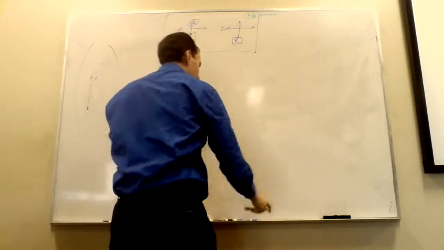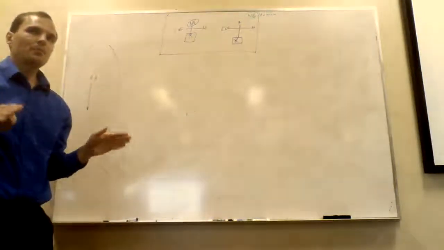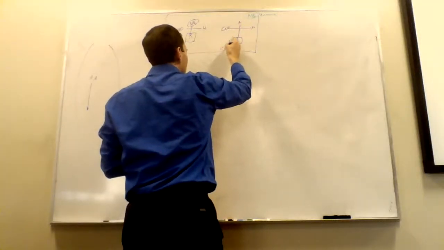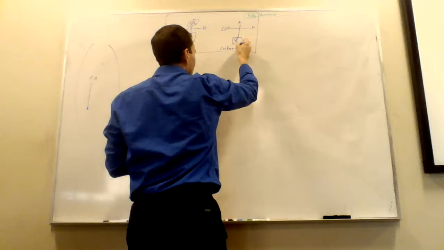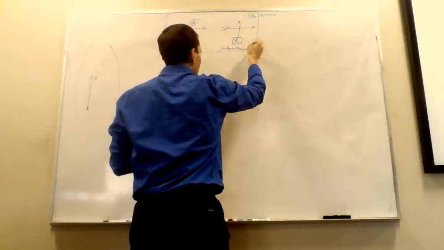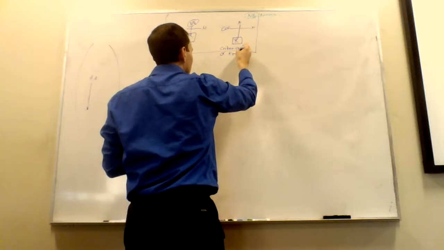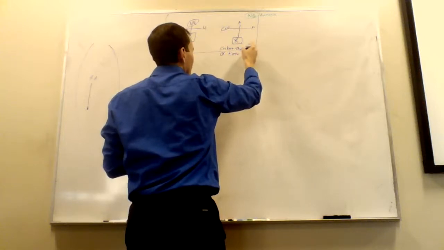And what's left behind has no differences except the lack of a nitrogen group, and this is going to be called either a carbon skeleton, or more correctly, an alpha keto skeleton.